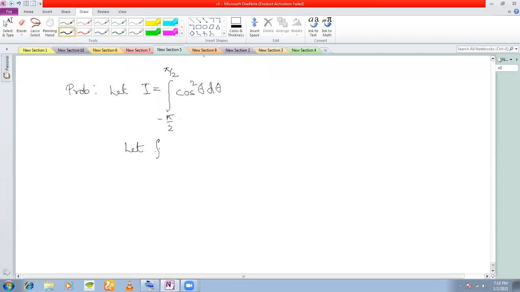So I say let f(theta) is equal to cos square theta. That means f of minus theta will be equal to cos square of minus theta, which is equal to cos of minus theta whole square. This time the square is above the cos, it is not above the angle.